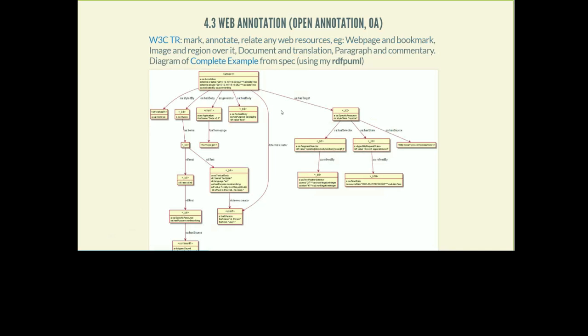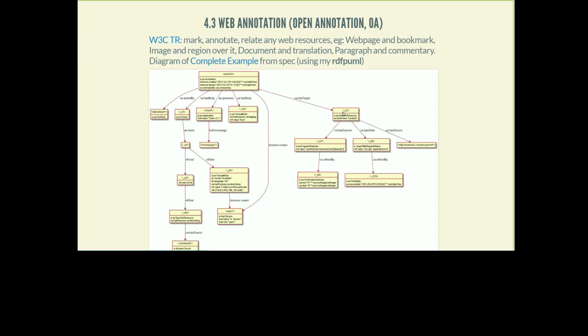And here is an RDF graph representing the complete example, number 44 from the specification. I cannot torture you to try to read it, but basically there is an annotation here, and it has a target. This is the thing that we are talking about. In this case, it is a specific resource. In other words, it has a selector, and the selector has an XPath.